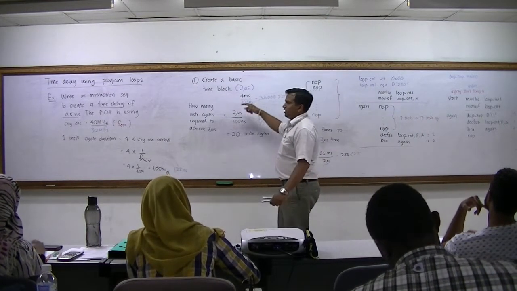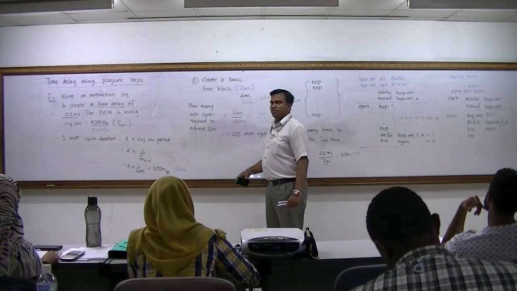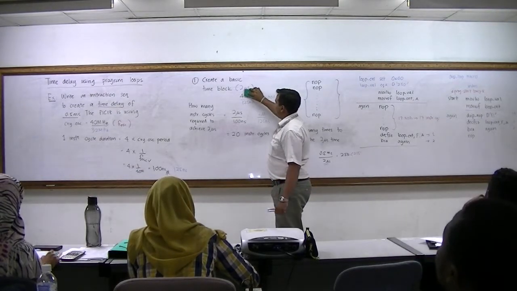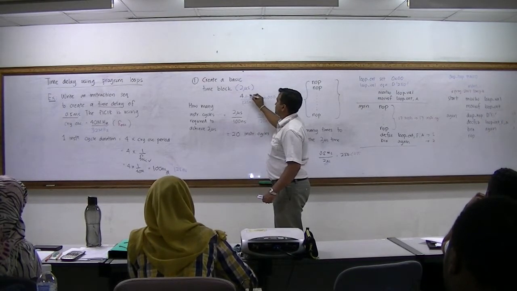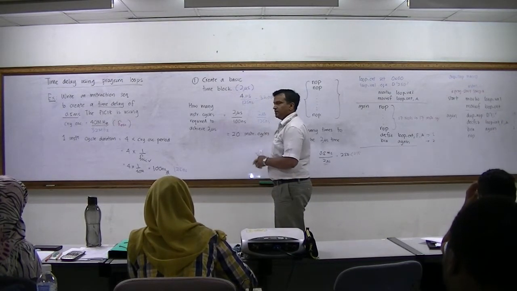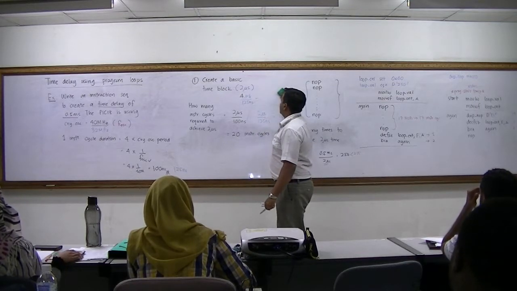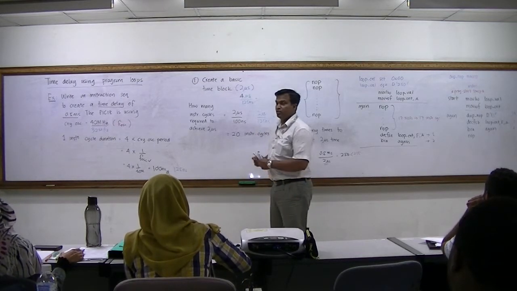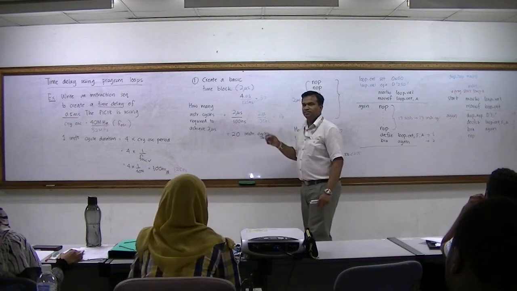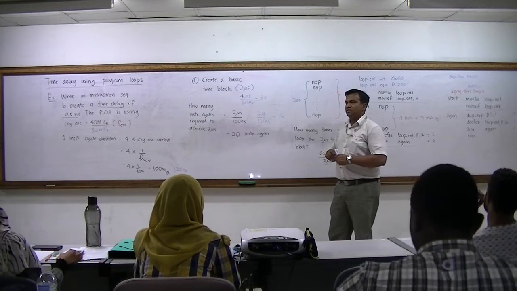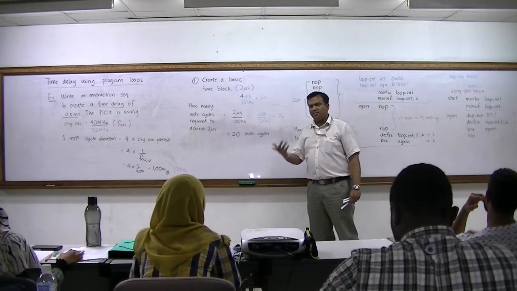So let's choose another value here. Now someone say 4. Let's say 4 micro. 4 micro, how much again? Oh yeah, 32. Is this okay? Yes. It is 32 instruction cycles. Is that okay? That's fine.